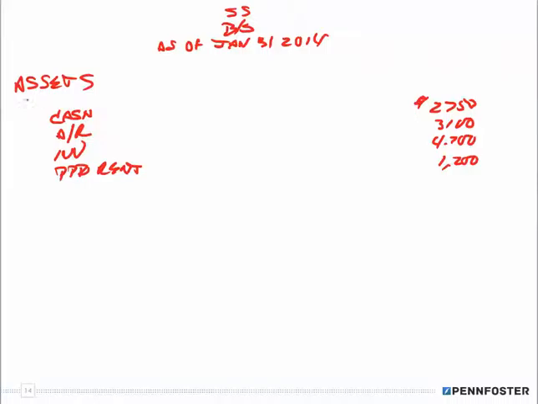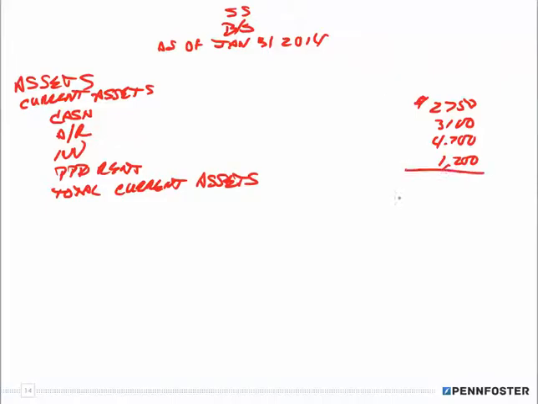So we'll have current assets here as a heading. And then this would be my total current assets. But notice that they're putting it all in one column, okay?